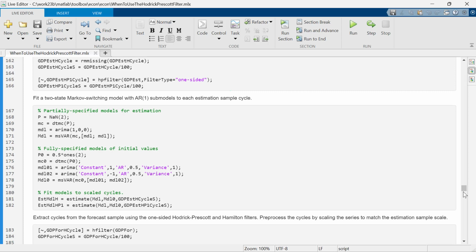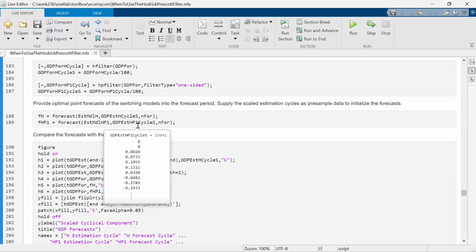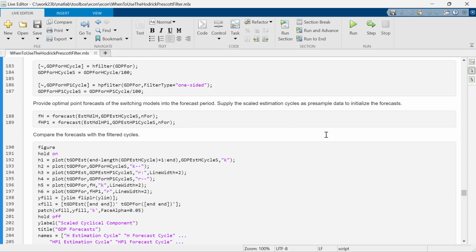And then use the forecast methods to forecast from those cycles into the final 1/3 of the data and compare, over that horizon, the forecast to the actual data. Okay, so we're going to take the two cycles, fit a similar model to both cycles as defined by the two different filters, and then compare their forecast performance.